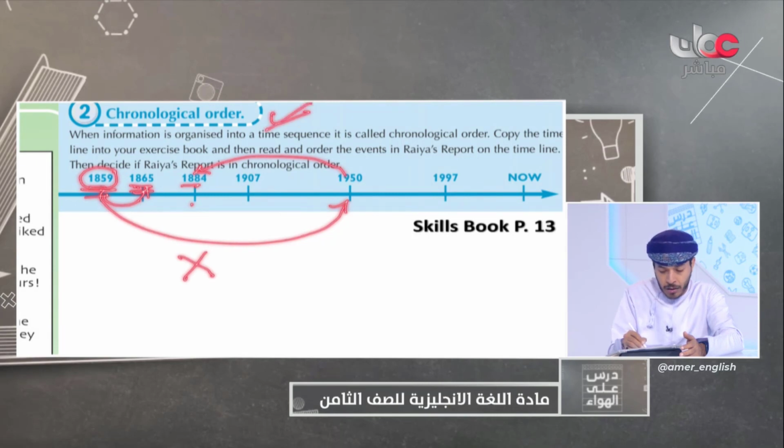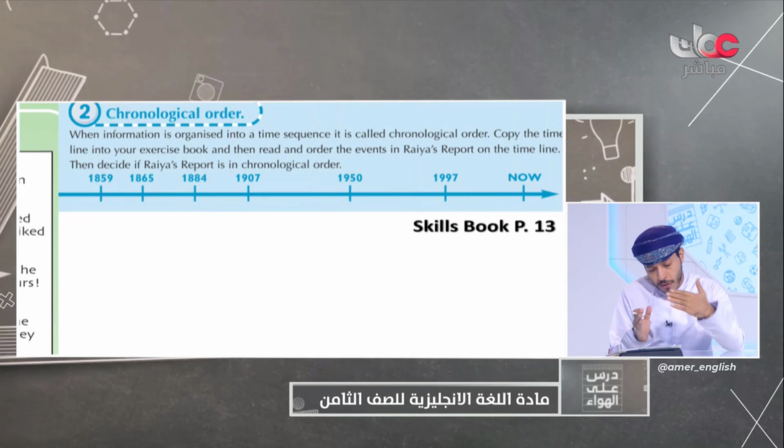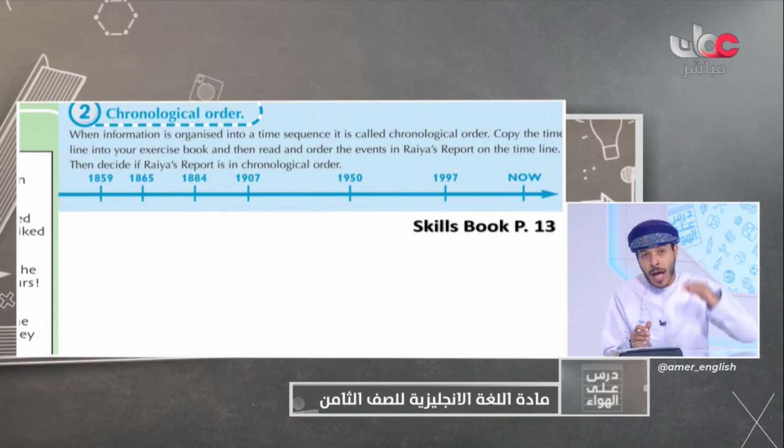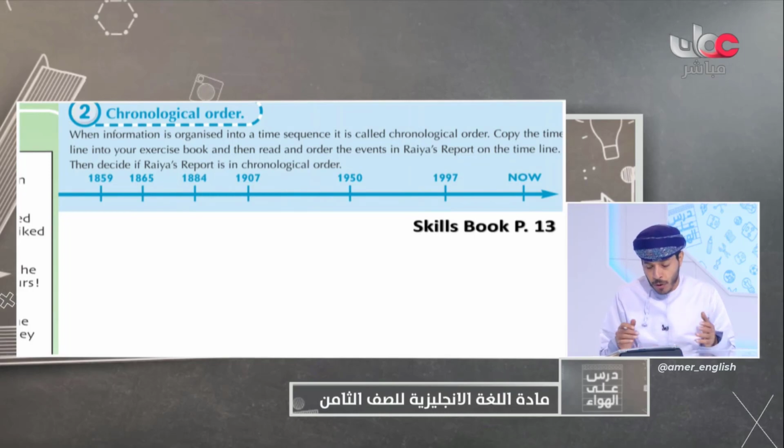A chronological order is meant to be like when we have different periods of time, a sequence of time, and these years or information are provided in a chronological order. What happened first? What happened second or next? What happened then? Until you reach the end, until you reach today, for example, or the end of your reading text.